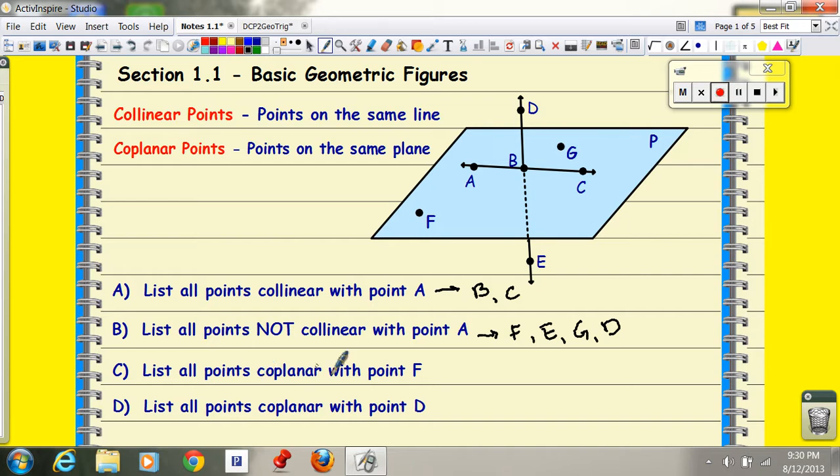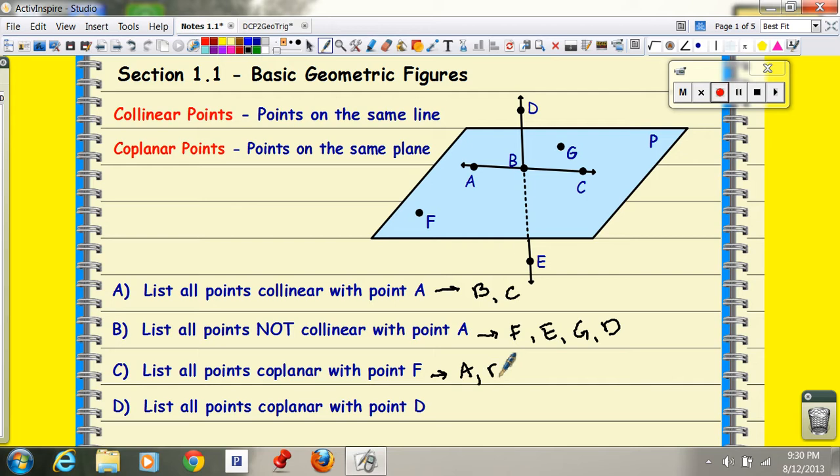List all points coplanar with point F. Now, coplanar again means on the same plane. So which points are on the same plane with F? A is on the same plane. They're both on this blue tabletop. Plane is kind of like a tabletop, but it extends in all directions forever. So we could say point A is, and also on the same plane then is B. If it's collinear, it's going to be also coplanar.